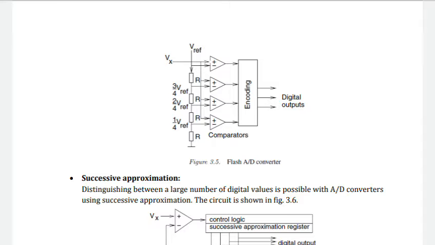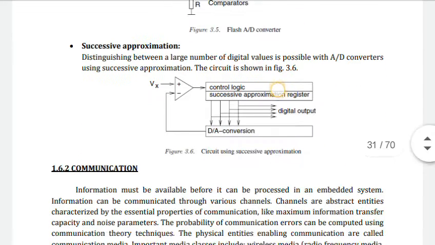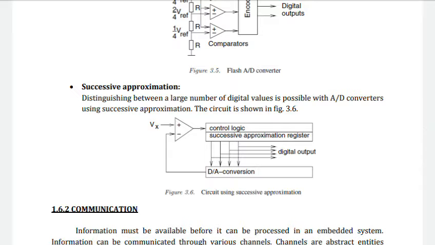Next, the successive approximation method of this analog to digital converter. In this, distinguishing between a large number of digital values is possible with the A to D converter using this successive approximation. That is, if we want to distinguish between a large number of digital values, that is possible only through this successive approximation.